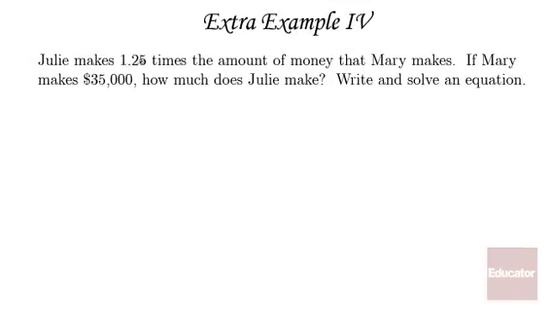Julie makes more than Mary does because she not only makes 100% or 1 times what Mary makes, she also makes an additional 0.25 or 25%. So when we get our final answer, we want to make sure that Julie is making more than $35,000. So if we want to do this arithmetic with arithmetic, we could say 1.25 times $35,000 will give us what Julie makes.